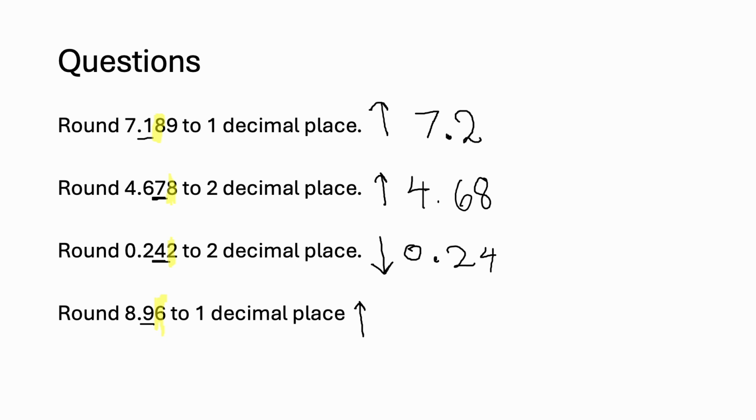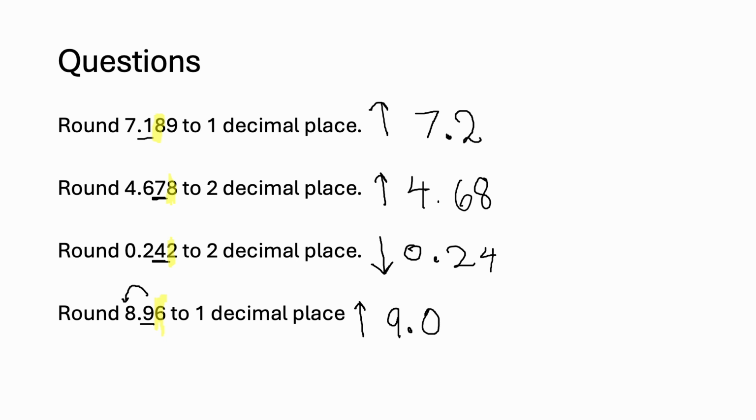So when we go up by 1 for this 9 here, this 9 will turn into the 0. And then that 1, we carry that 1 over here to the 8. So we get an answer of 9.0 to 1 decimal place.